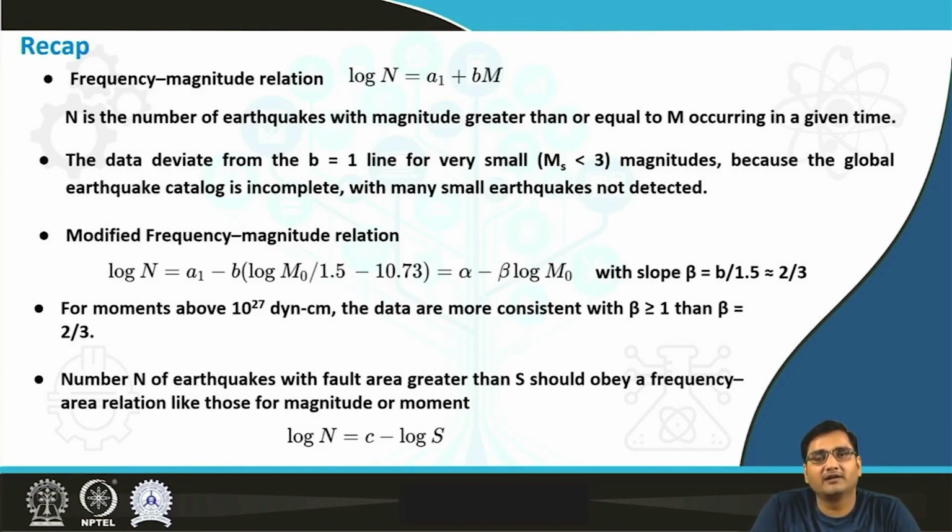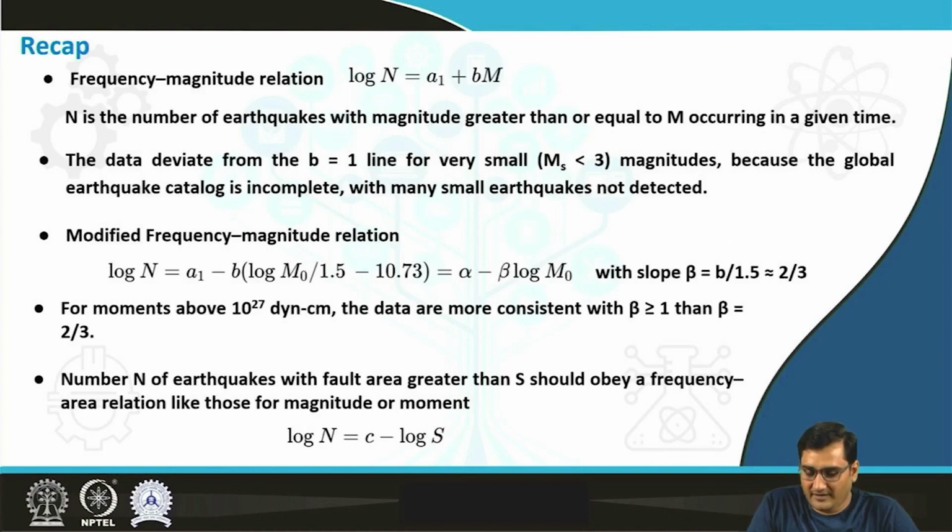As far as the recap of the previous lecture is concerned, we learnt about the frequency magnitude relation, also famously known as the Richter-Gutenberg recurrence relationship, which relates the number of earthquakes for a magnitude of m. The relation says that log of the number of earthquakes is equal to a1 minus bm, where m is the magnitude greater than or equal to capital M occurring in a given time.